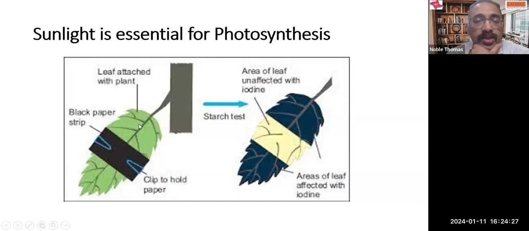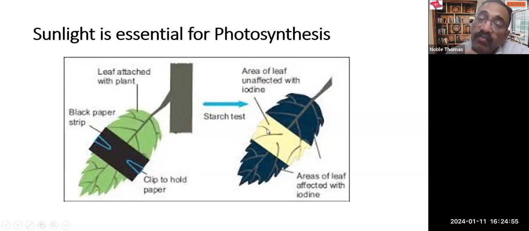But the iodine test on a green leaf is not visible, so we need to decolorize the leaf before doing this. Decolorizing can be done by boiling in water and then boiling in alcohol, right? So alcohol can dissolve away the chlorophyll, and the alcohol becomes green in color, and the leaf becomes almost transparent, translucent, or it loses the green color, we may say.